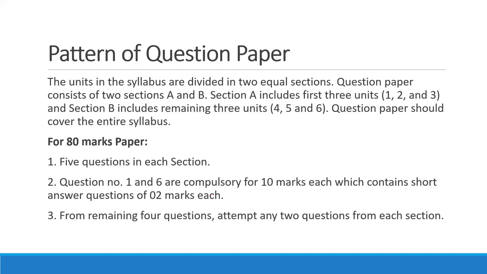Out of the remaining 6 questions, you can attempt any 2 questions from each section. Out of the remaining 8 questions, you can attempt any 4 questions, and this is the pattern of your question paper.